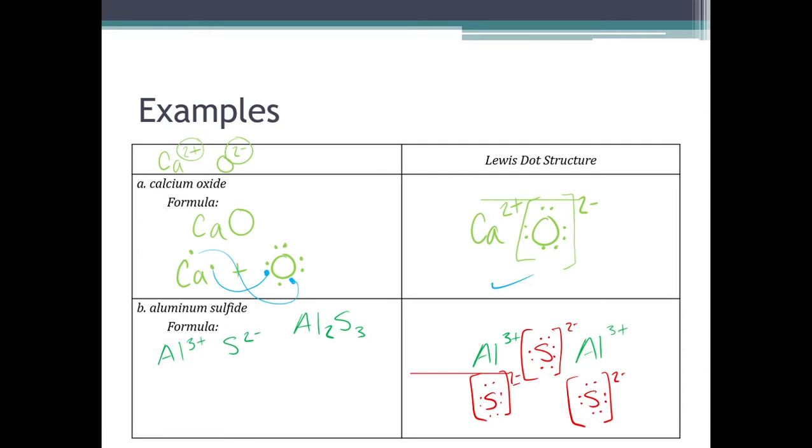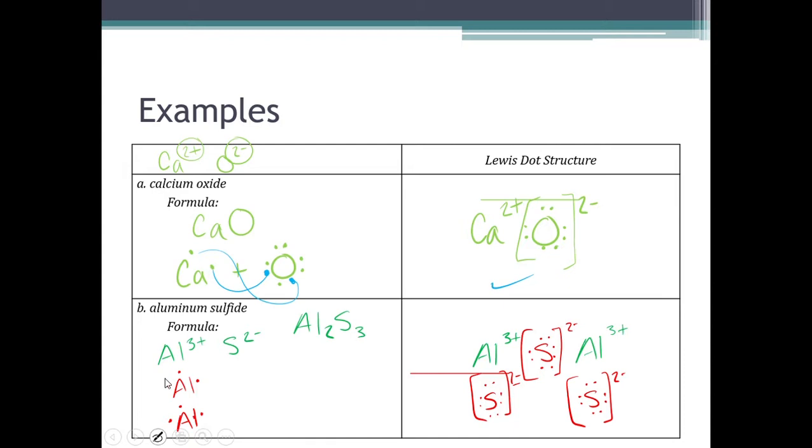If we wanted to just prove this to ourselves, again, we could draw the initial atoms over here. So we start with 2 aluminums, Al, and they each have 1, 2, 3 valence electrons. Second aluminum, 1, 2, 3.